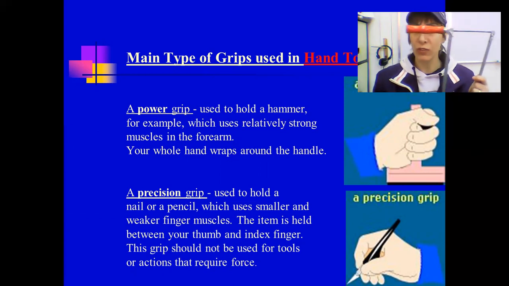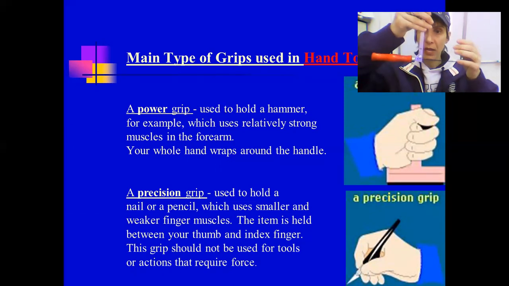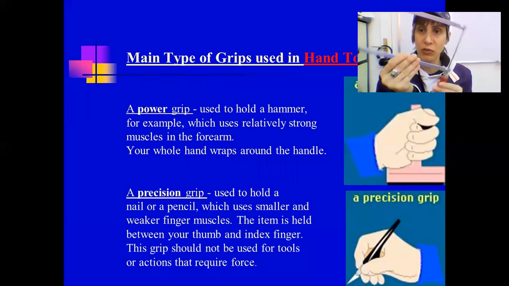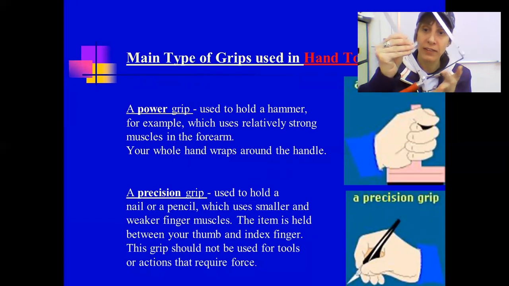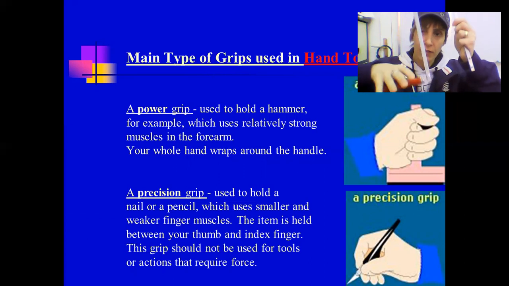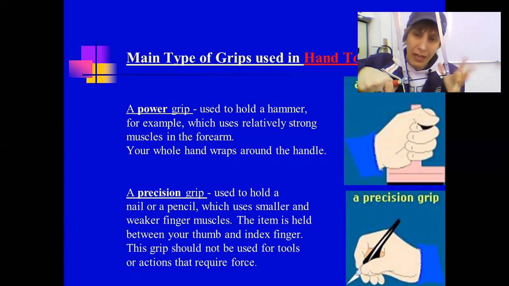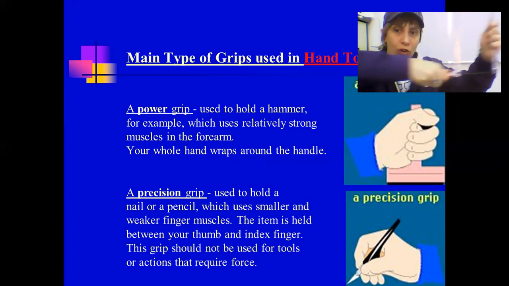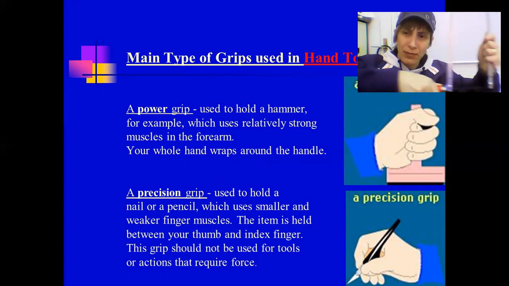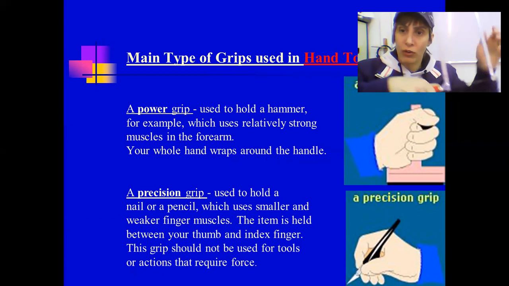So I have some tools here, like this one, for example. Now, what's the function of this tool? It is to cut, okay? So how do I cut? I need to grab it with my whole hand, and I need to use force. So I need to push, this is using force.